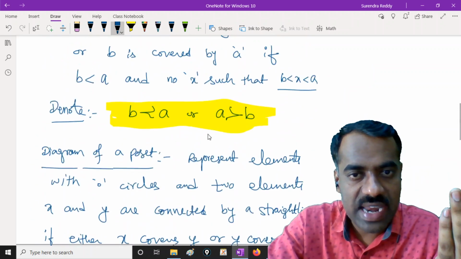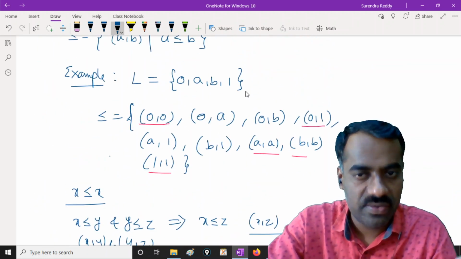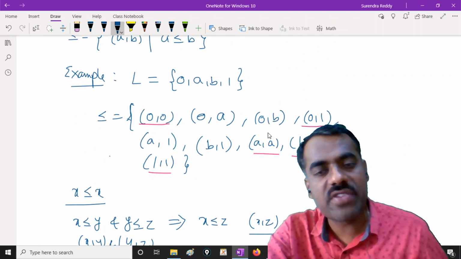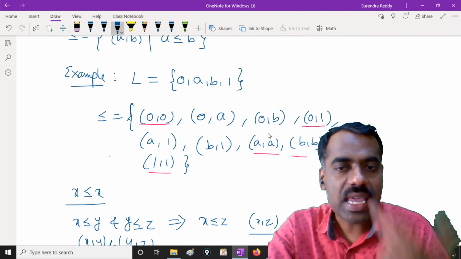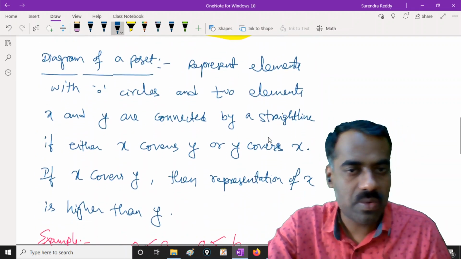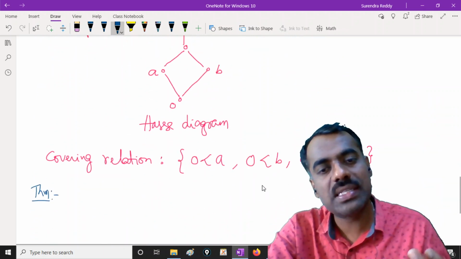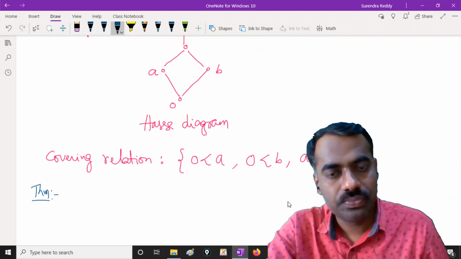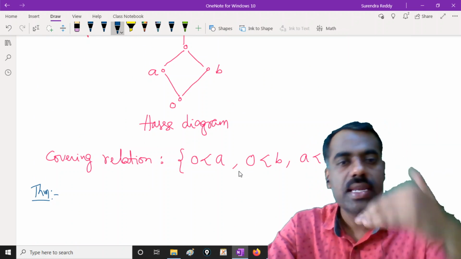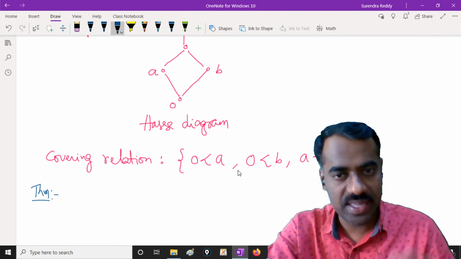Whenever you have a relation between two elements, you can easily get the covering relation by simply seeing whether any other element lies between those two elements. Now our question is the reverse one. If I am given a covering relation, can we say which element is less than the other, and so on?